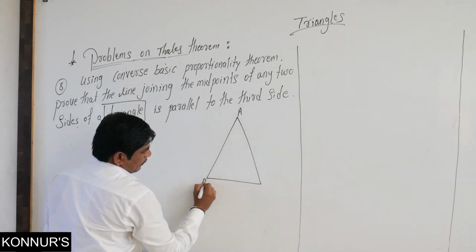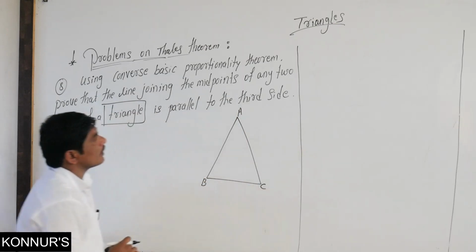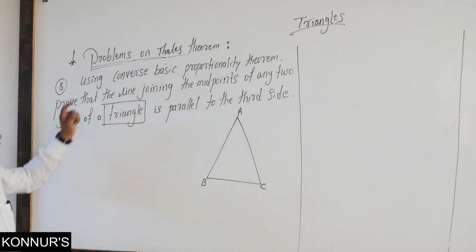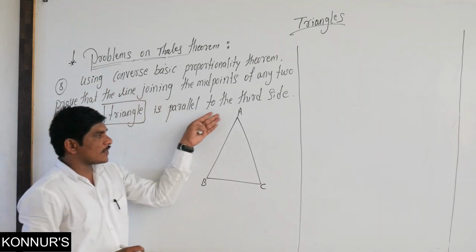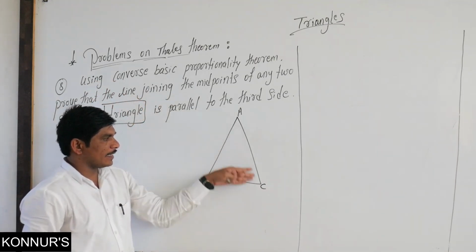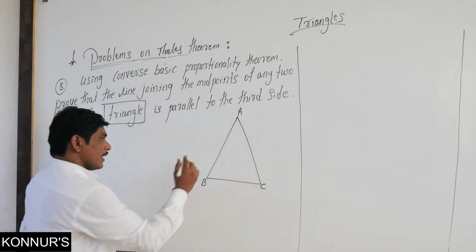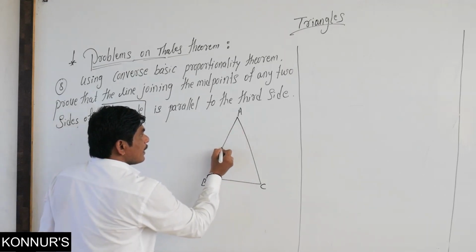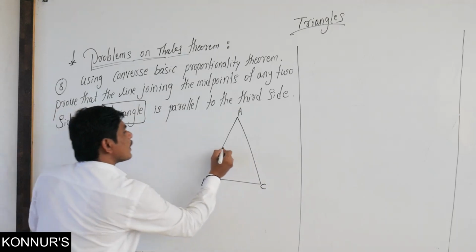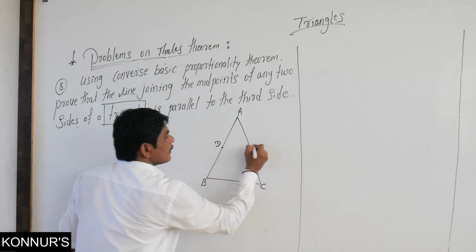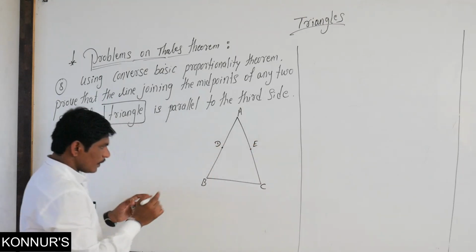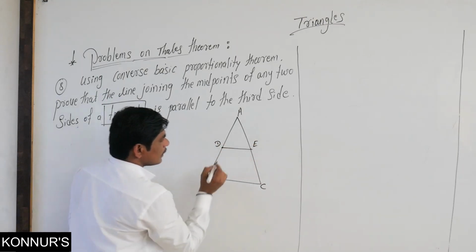A, B, C, and according to the given statement, any two sides. I have considered in this figure AB and AC, and the two midpoints D and E. Join DE.